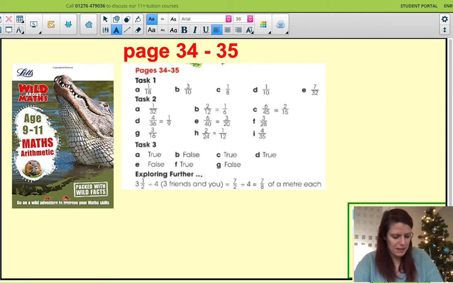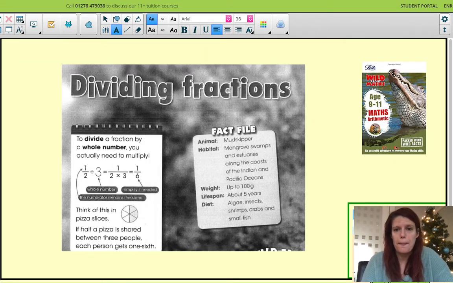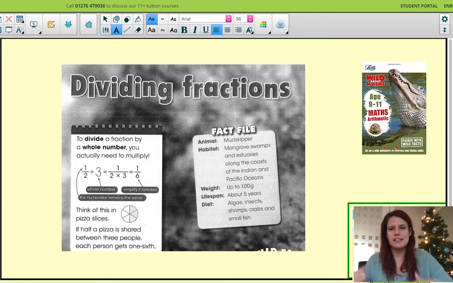Okay, moving on to pages 34 and 35. This was dividing fractions. Can be a little bit trickier sometimes, but remember, division is the inverse to multiplication. It's the opposite operation, the opposite process. And more confusing still, to divide a fraction by a whole number, you actually need to multiply. It's completely flipped the whole process of multiplying and dividing.